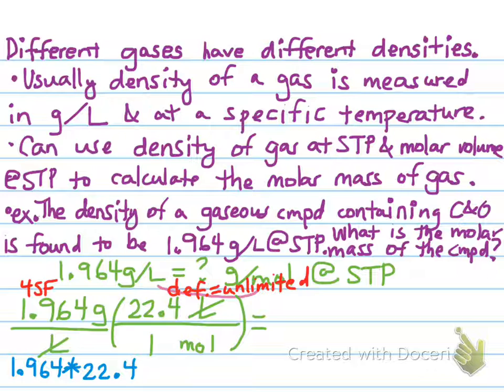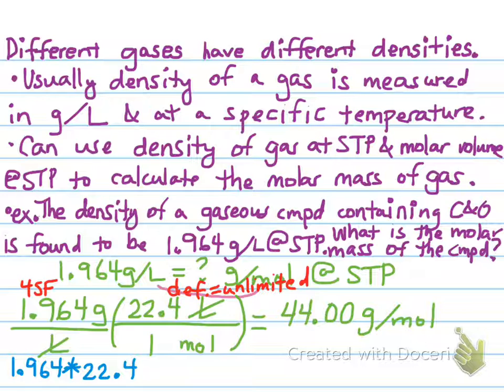So I look at what my calculator gives me: 1.964 times 22.4 gives me 43.9936. I want to have 4 significant figures, so I'm going to write it as 44.00 grams per mole. That's the molar mass.